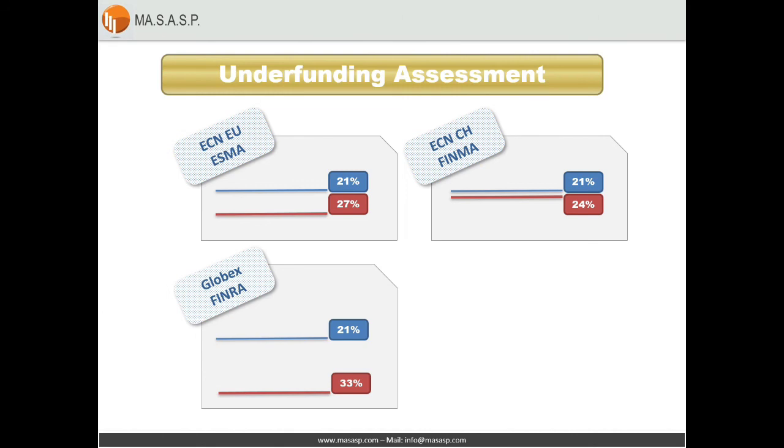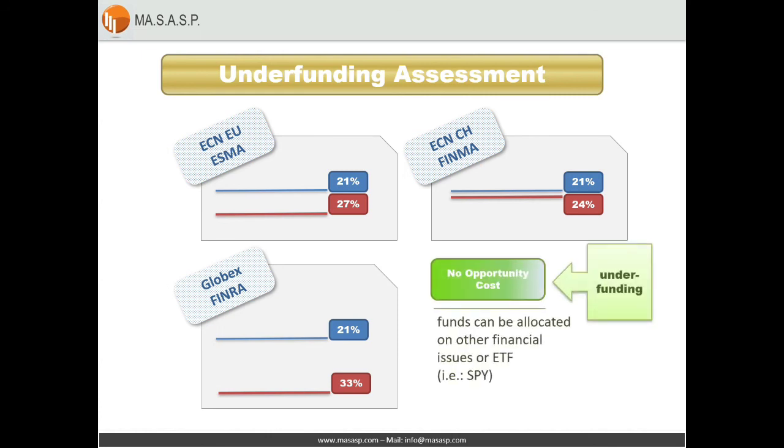Resorting to underfunding is important, regardless of the extent to which the selected financial market allows us to do it. Underfunding makes it possible to have no opportunity costs, in that we can have our funds allocated on our 4-system combination and at the same time on an ETF.